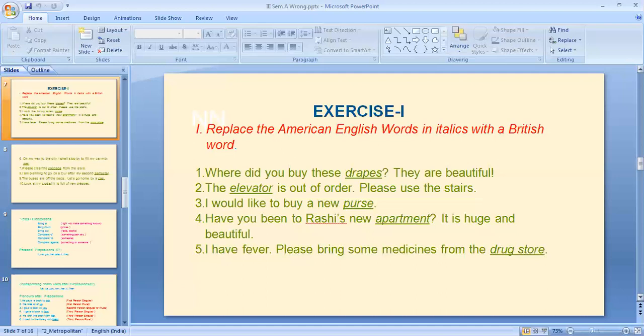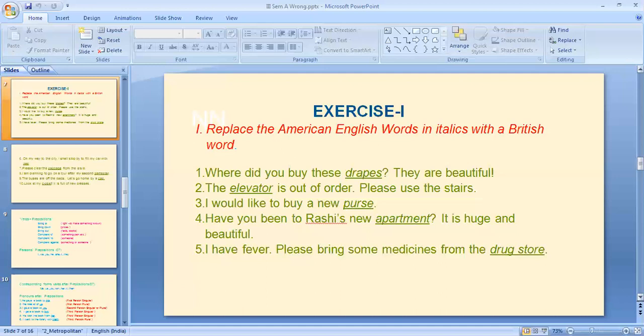Sentence number 4. Have you been to Roshi's new apartment? It is huge and beautiful. So Roshi lives in an apartment. It is very big and very beautiful. Americans use the word apartment where a group of people live in the same building on different floors. But British people call the same thing not an apartment, but a flat, F-L-A-T.